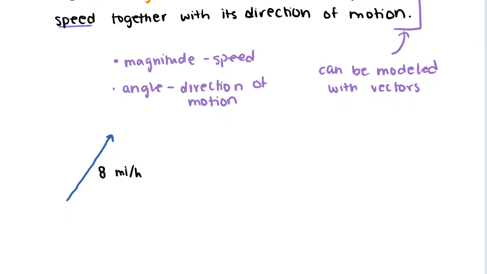Or maybe I can think of someone swimming across some body of water. So maybe they're swimming in this direction here, and maybe they're swimming at, let's say, 2 meters per second. And so here, the length of this vector being 2 is describing the speed at which this swimmer is swimming, and the direction is telling us which way they're going.